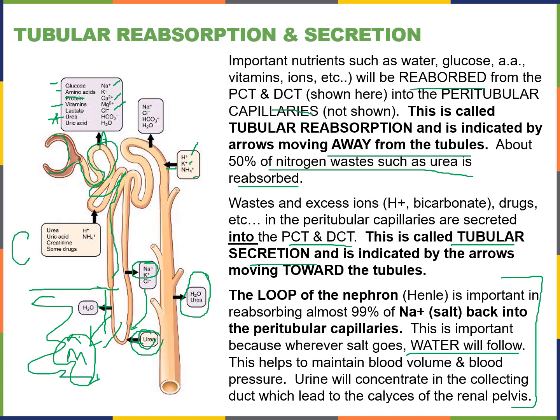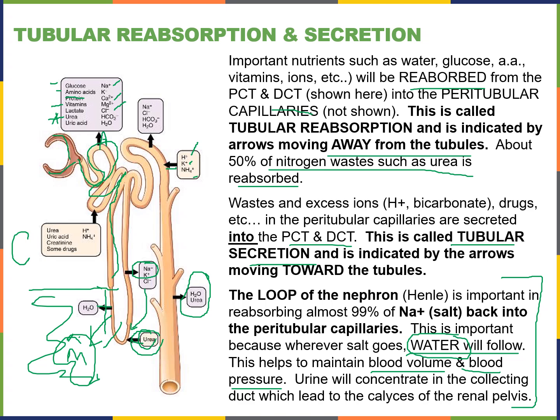If water volume falls, blood volume falls because plasma level will fall. And when blood volume falls, blood pressure will fall too. So to keep blood volume and blood pressure normal, the amount of water in the body needs to be monitored and kept as normal as possible.